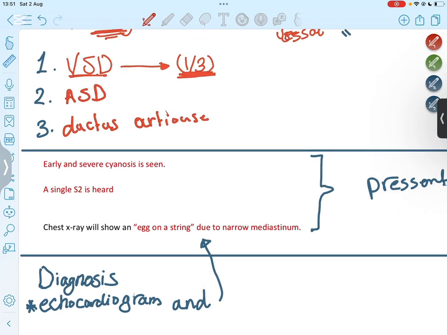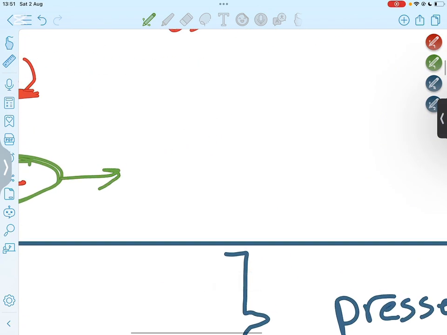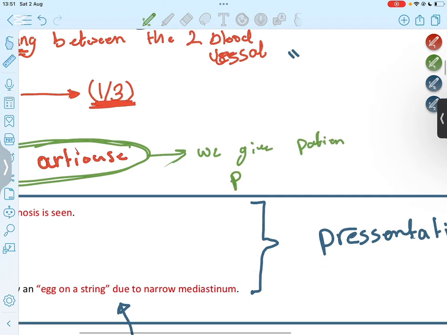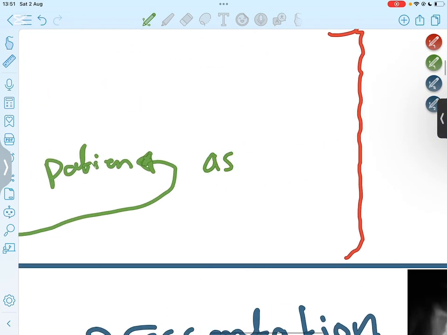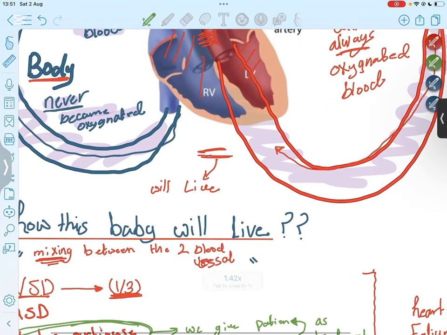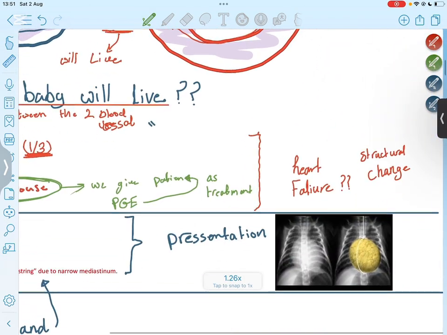And the ductus arteriosus is the most important, because we give patients Prostaglandin E just to keep it open, so we can use it as a treatment for keeping the mixing between the deoxygenated blood and oxygenated blood.